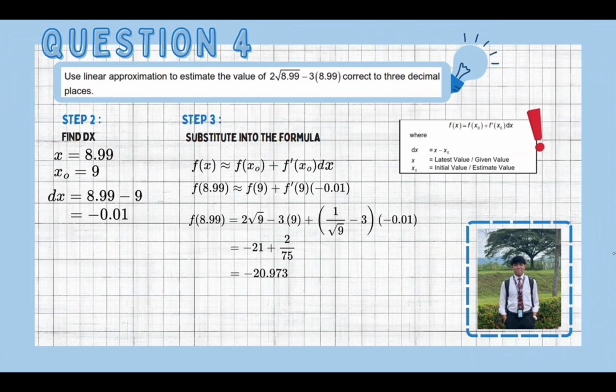So we will get f in bracket 8.99, which is the value of x equals to 2 square root of 9 minus 3 times 9, which is the equation of f(x), plus in bracket 1 over square root of 9 minus 3 times negative 0.01, which is the equation of f prime x. So we will get negative 21 plus 2 over 75, and the final answer is negative 20.973.